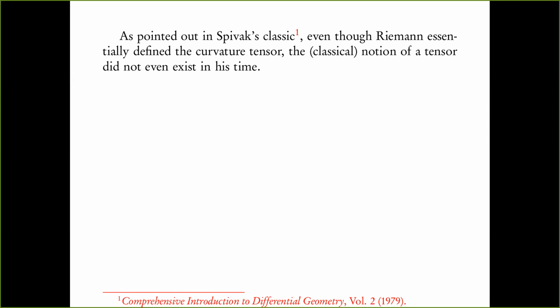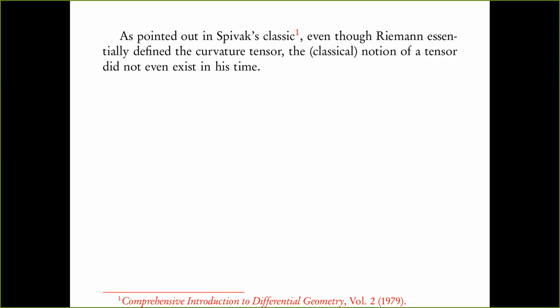If you read through Spivak's book, volume 2 of the Comprehensive Introduction to Differential Geometry, he mentions that when Riemann defined his curvature, he defined it the way we define it nowadays with R_ijkl. However, he probably didn't fully realize that what he was defining was a tensor, although he wanted all those same properties, because the classical notion of tensor did not even exist in the time when Riemann discovered his curvature tensor.